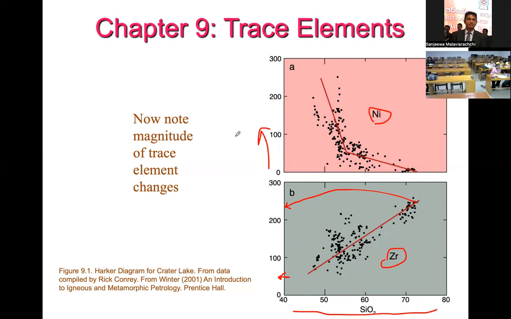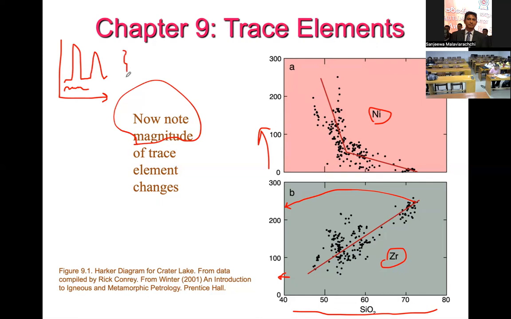So this is the magnitude scale of trace element variation. If you plot these variations in a suitable diagram with major elements, major elements will show you very slight variation, but trace elements will show you very big variations. This is very important for us to understand geochemical processes.